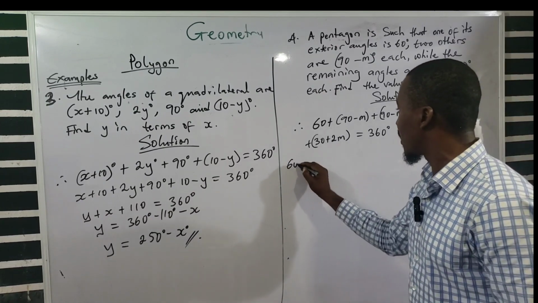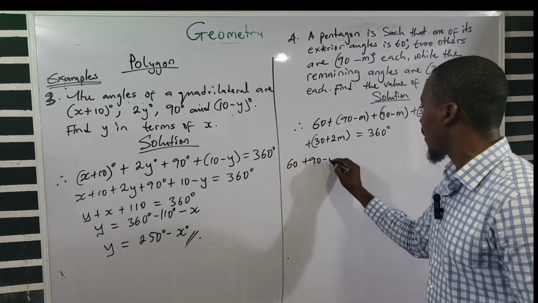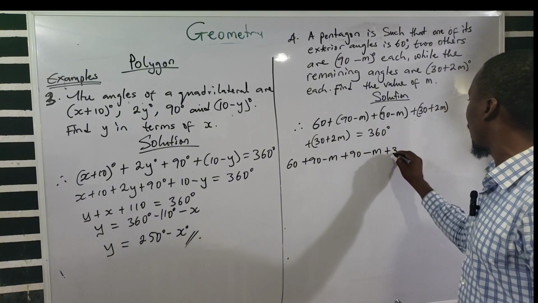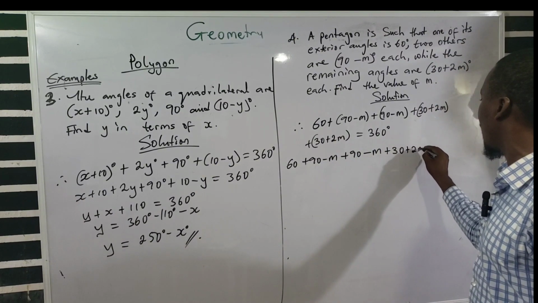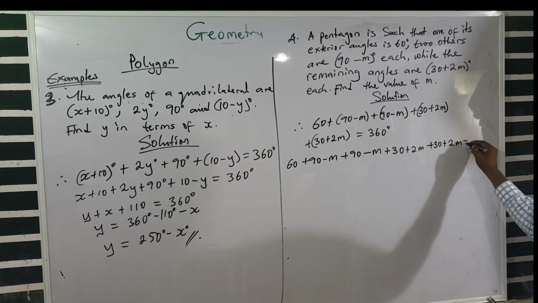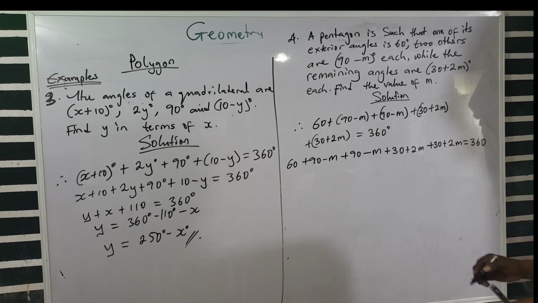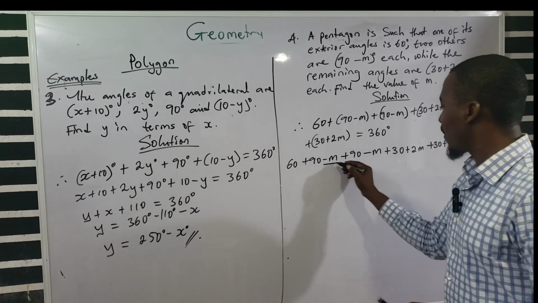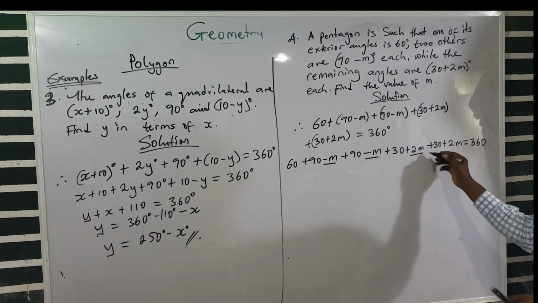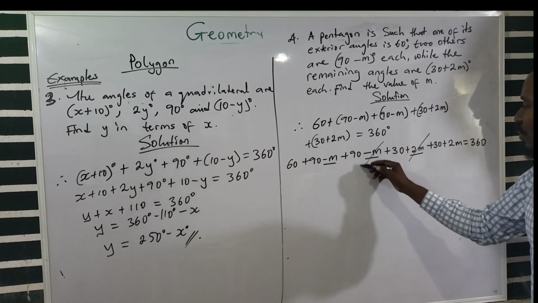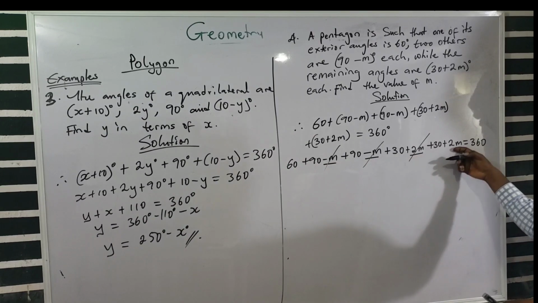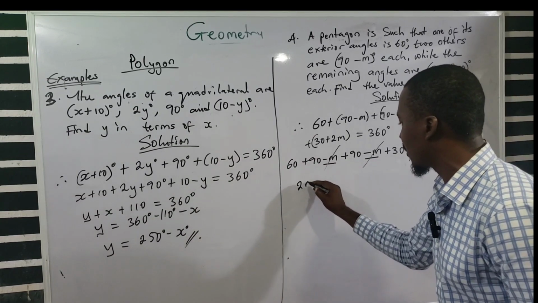That will give you 60 plus 90 minus m plus 90 minus m plus 30 plus 2m plus 30 plus 2m equals 360. Minus m minus m gives minus 2m, and this minus 2m and this plus 2m will cancel.